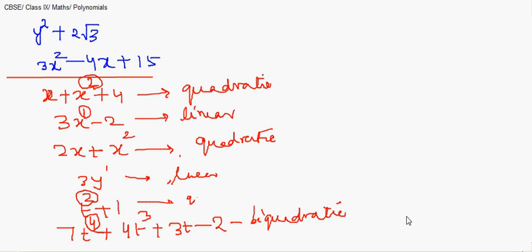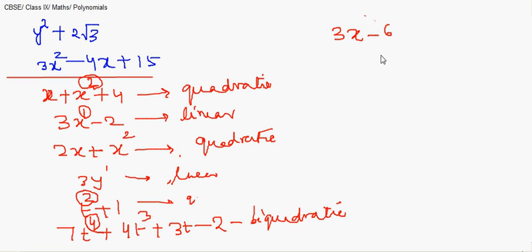Then after this we move on to learn the term called zero of a polynomial. What is the zero of a polynomial? Suppose I take a linear polynomial. Say this is a linear polynomial.